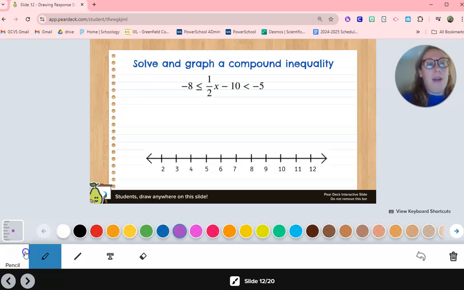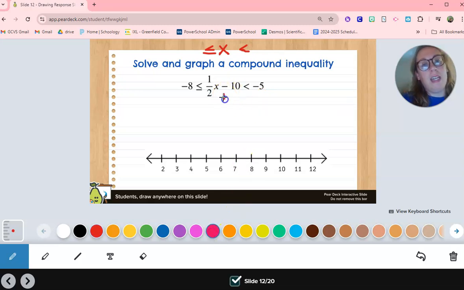So this is what a compound inequality can look like. We see the x variable is in the middle, and we want x to be alone. So we want just an x in the middle. That's our goal. The first thing we're going to do is get rid of this negative 10 by adding 10.